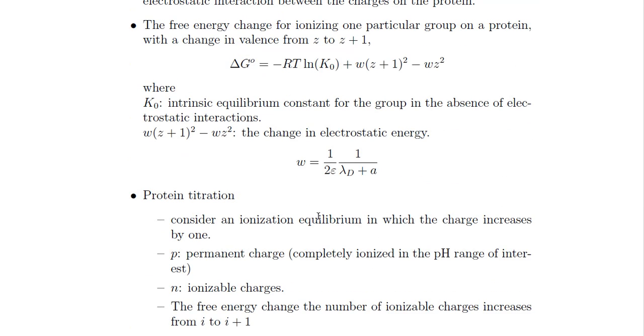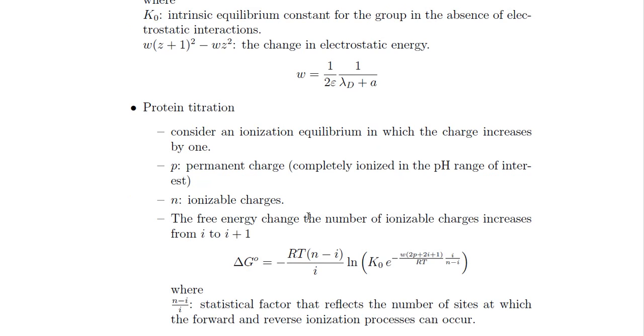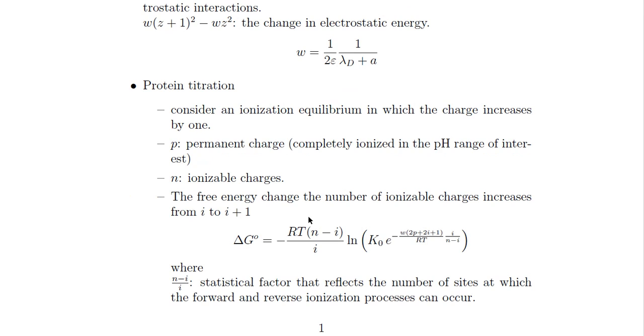To know this, we go back to our chemistry. We have titration. So protein titration considers ionization equilibrium in which the charge increases by 1, where P is the permanent charge and N is the ionizable charge, ionized in the pH range of interest.